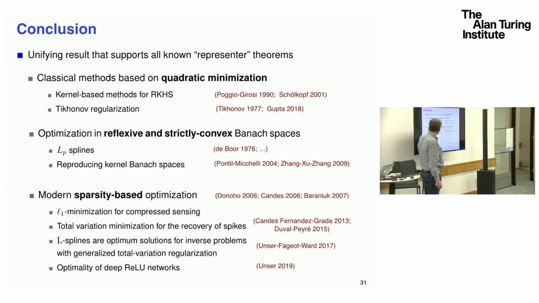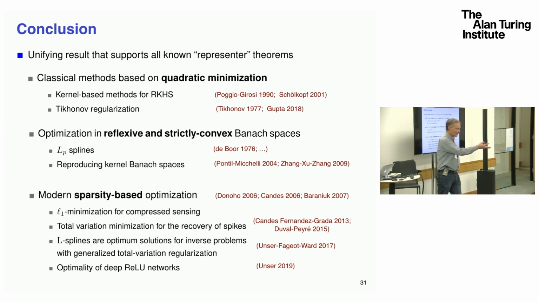And that's reflexive. Now, modern sparsity-based optimization, so there's all the theory of compressed sensing. There is a lot of recent, very interesting work, for example by Gabriel Peyré, Fernandez-Granda, and Emmanuel Candès, on the recovery of spikes. That would be the theorem applied just to the M space. L-splines are optimal solutions for inverse problems with generalized total variation regularization.